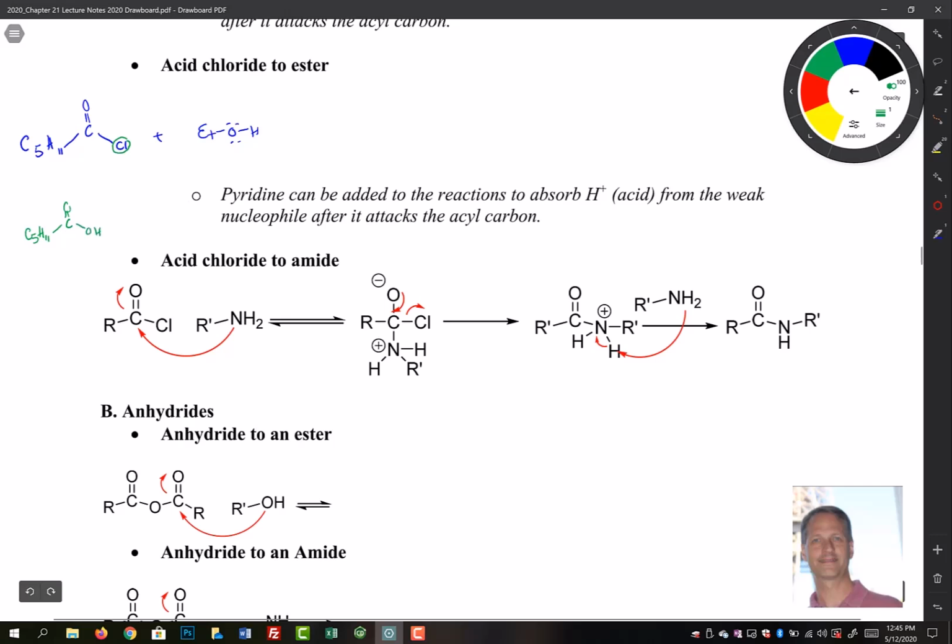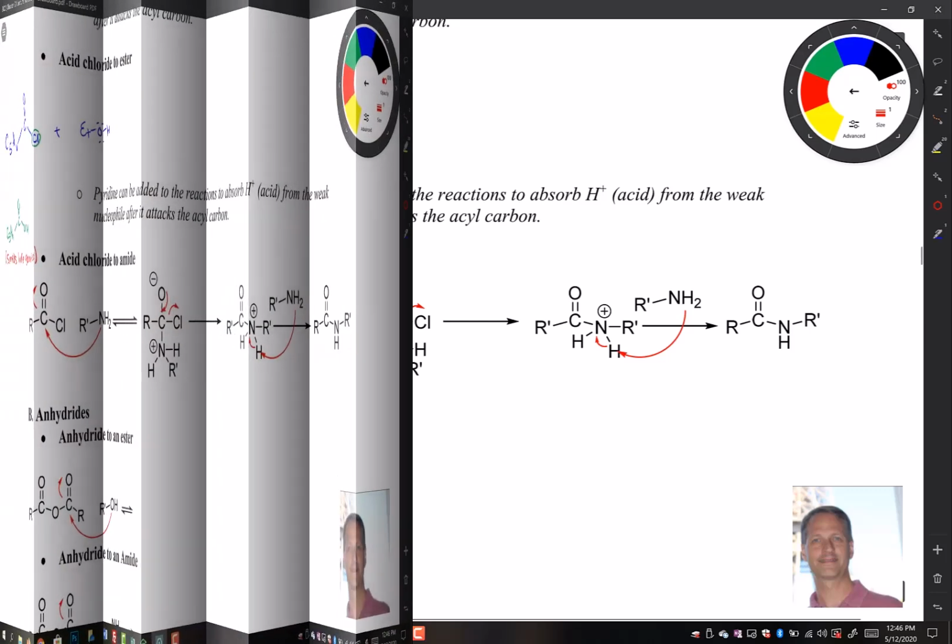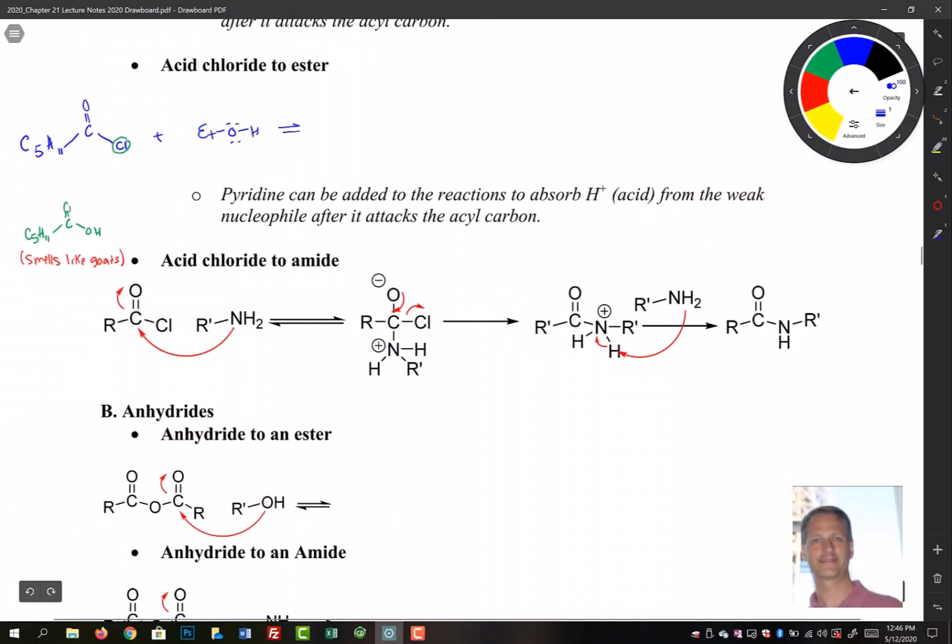That's caproic acid. This thing smells like goats. Now, when we react these two things together, we have our oxygen attacking our carbon.